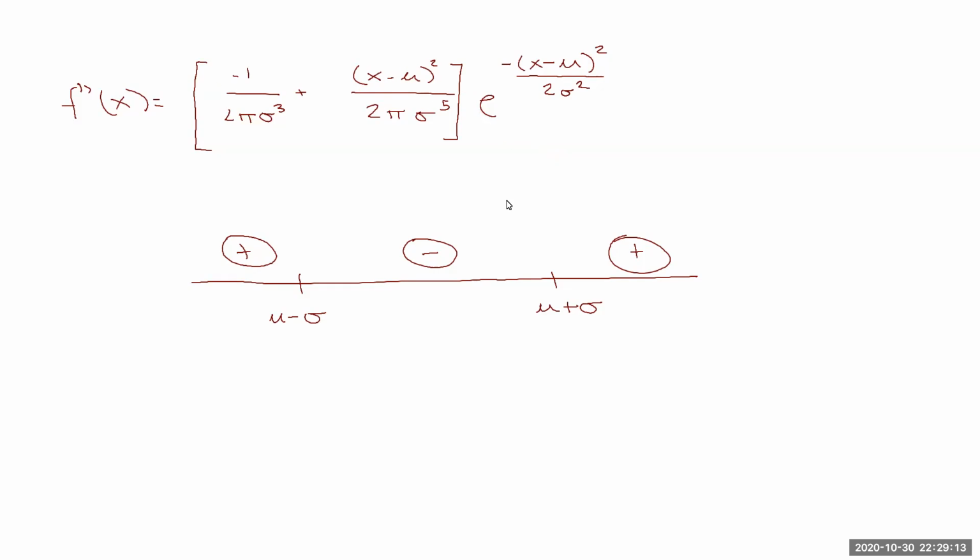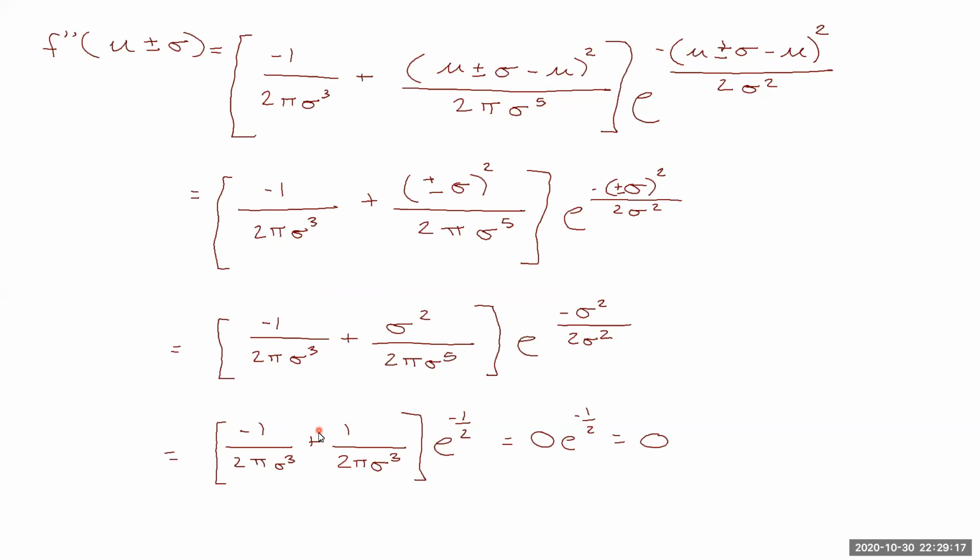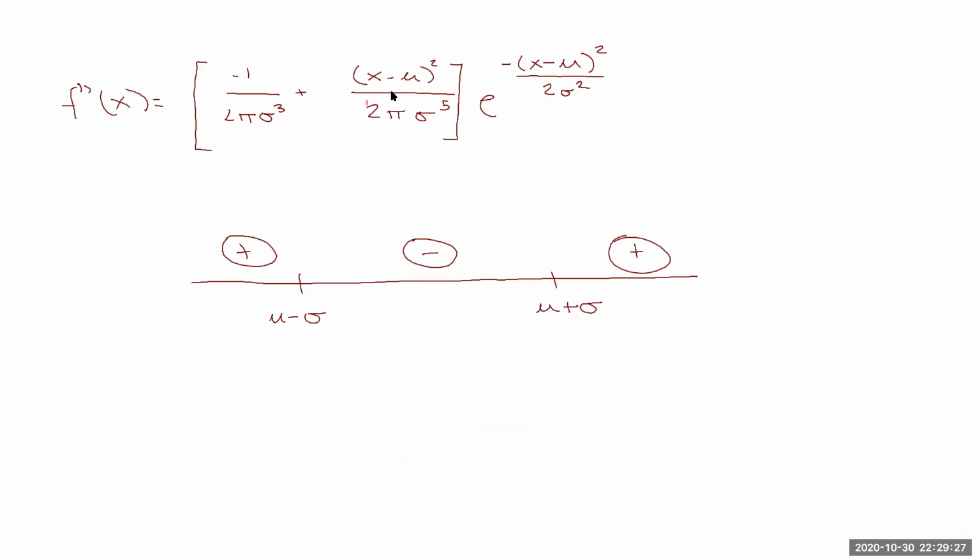So if you think about it, what we plugged in before are zeros for this parabola. So we found actually the solutions to this parabola or polynomial, which are these points.